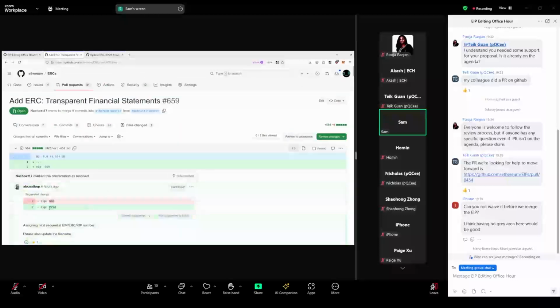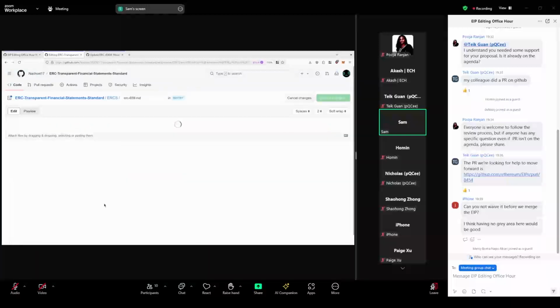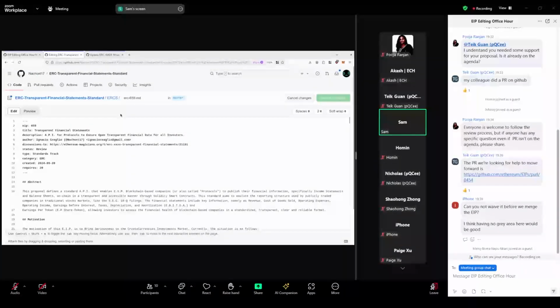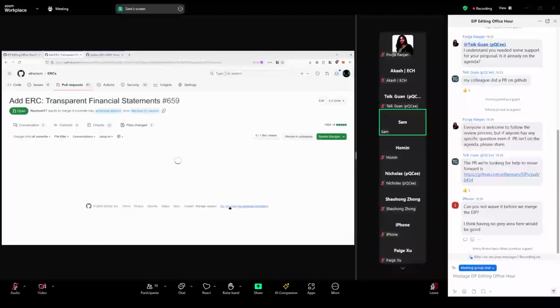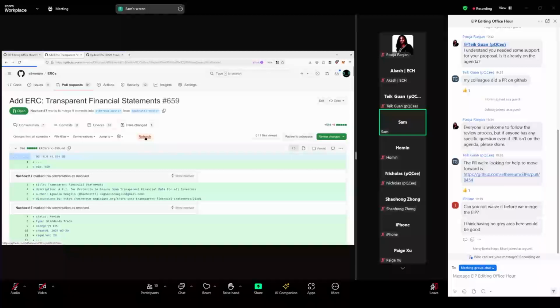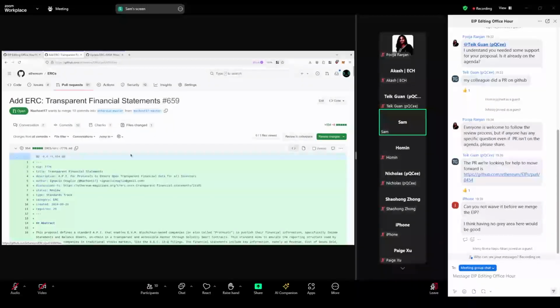That is not done. I love when people do that. All right. API for protocols to ensure open, transparent financial data for all investors.